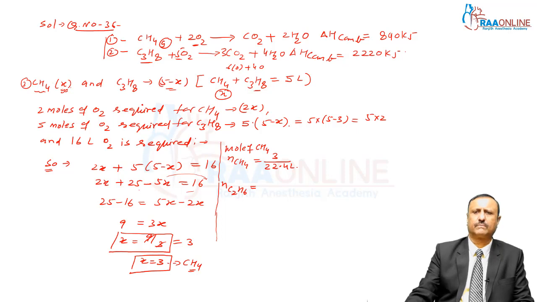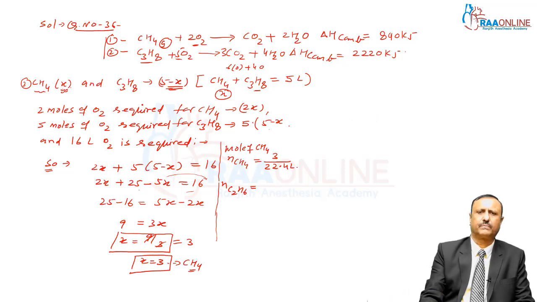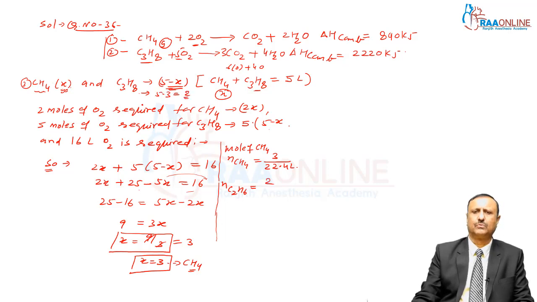The 5 moles of oxygen is required, but we can see only the number of moles. So the number of moles is 5 minus x. So for propane, 5 minus x with x as 3 gives the number of moles 5 minus 3, equal to 2. So here 2 upon 22.4 liter. Now, my dear students, you can calculate the number of moles of methane, propane, and the value of x.